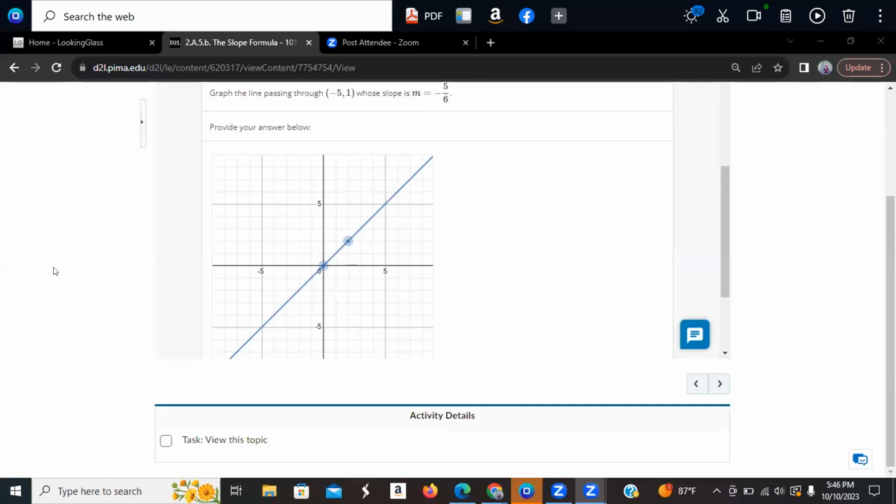All right, so for this one, you want to plot that first point, -5, 1. Good. And then unclick, and with just your mouse, go back to that point, but don't click on it, and use the slope. So you're going to go down 5 and right 6, down 5 because it's negative, and then right 6.